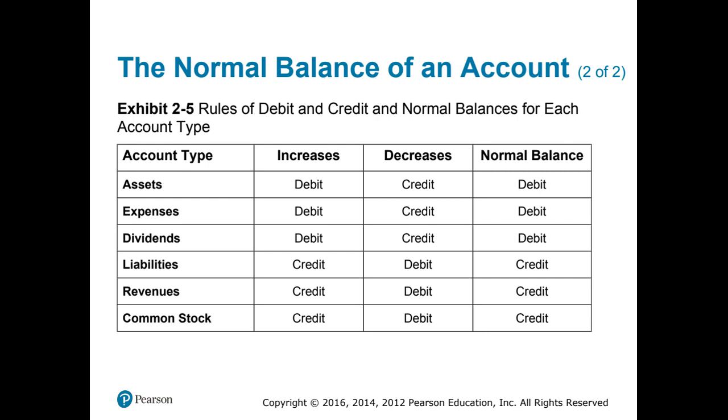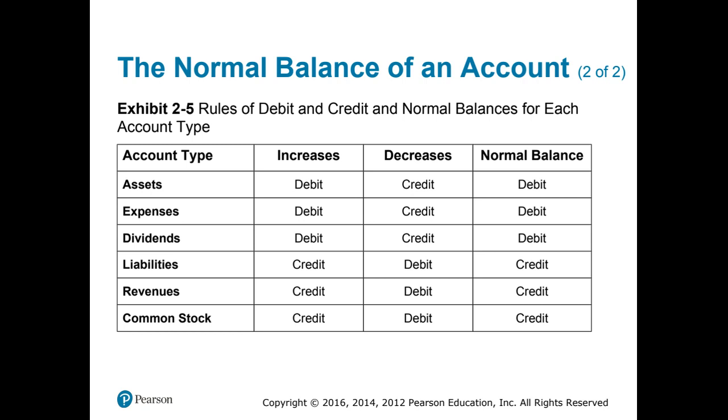So the first 3 words in the sentence will help you remember assets, expenses, and dividends. All elephants do. Assets, expenses, and dividends all have normal debit balances. And then the last 3 words, liabilities, revenues, and common stock, love rowdy children, those have normal credit balances.